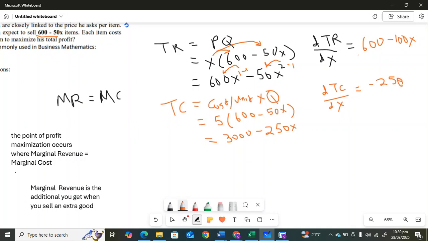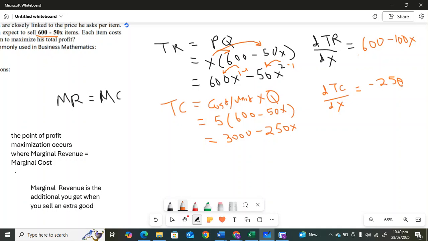So with this method, okay, first you get your total revenue function. Then you get your total cost function. Once you got your total revenue and your total cost function, you derive both functions as we have done. Okay.